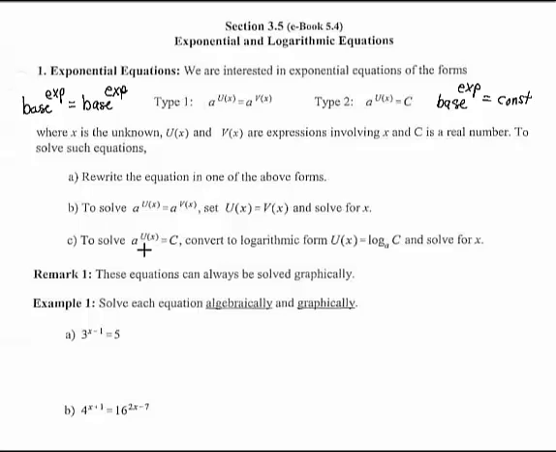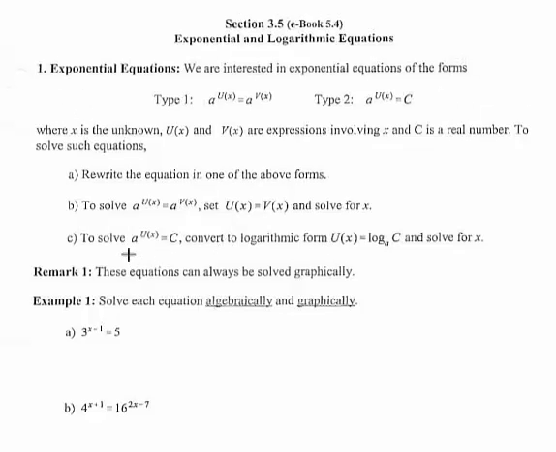We've looked at this procedure in the previous problems, converting back and forth between. So over here we have the exponential version, and this is the logarithmic version of the same equation.